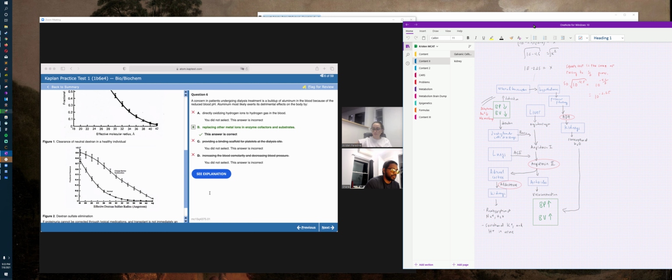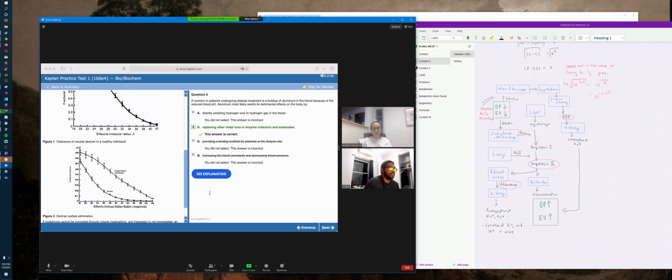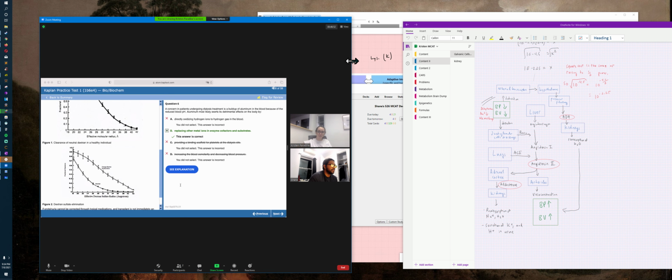So increasing the blood osmolarity would increase the blood pressure. So we're getting rid of that.